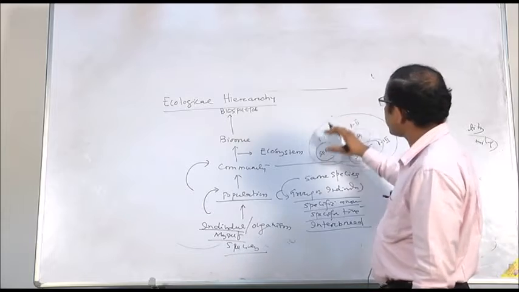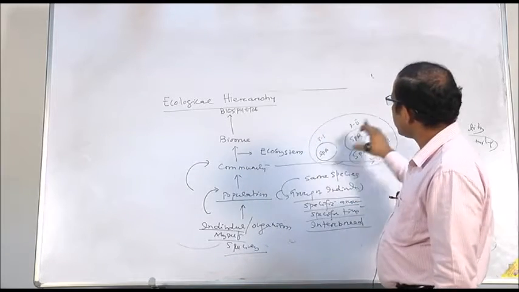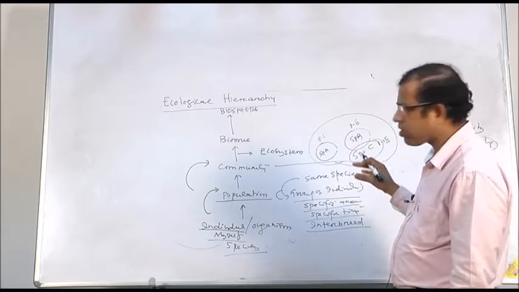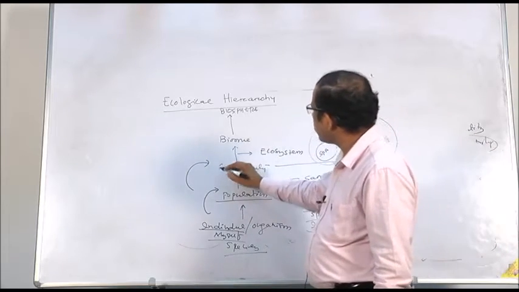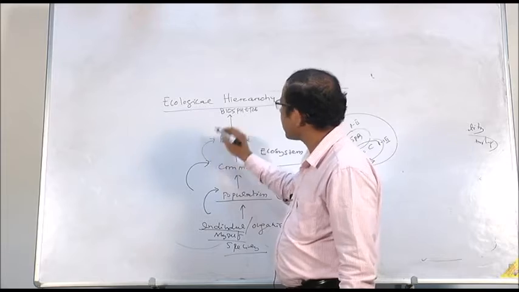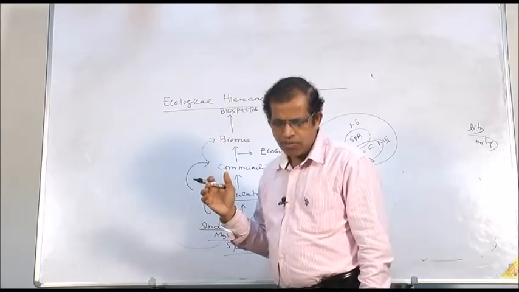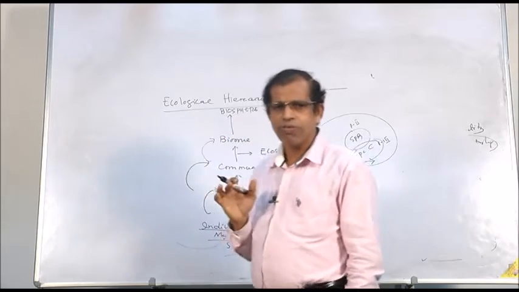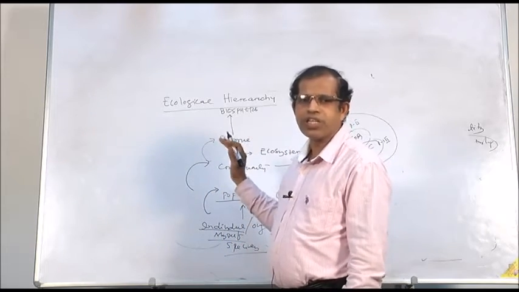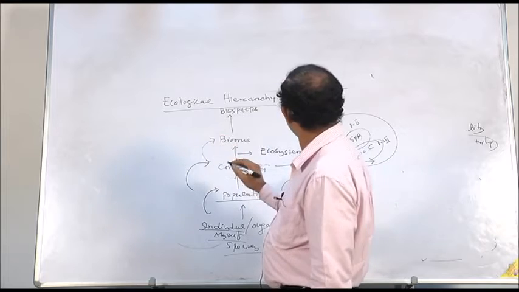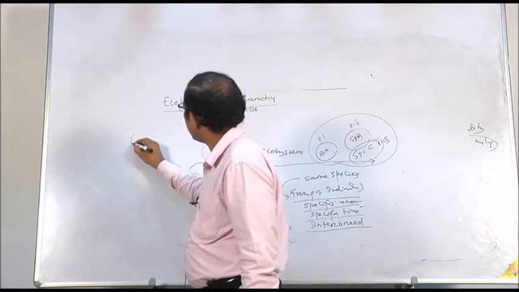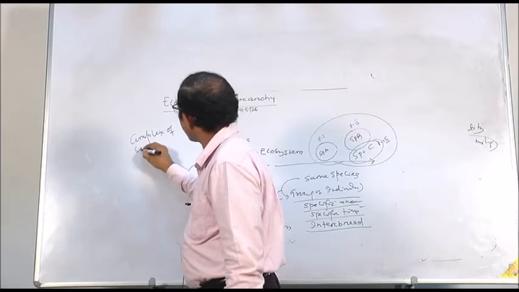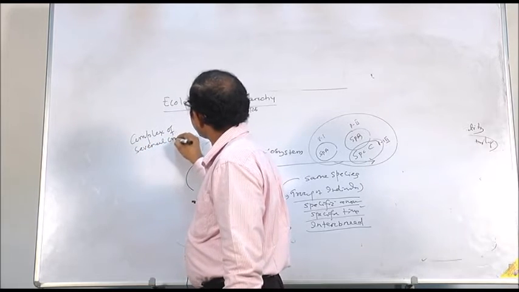So I am getting many populations which reside together. Then from the community, next is the biome. So what is a biome? A biome is the complex of several communities.